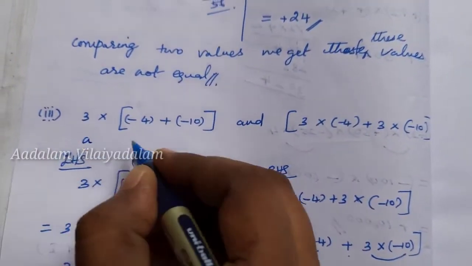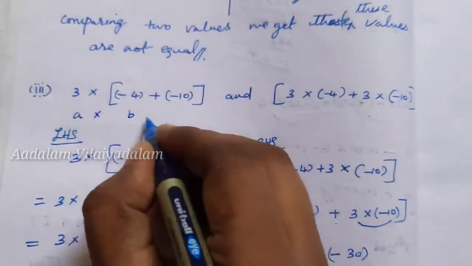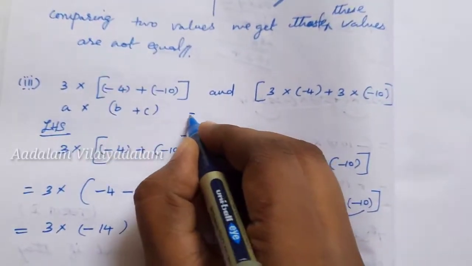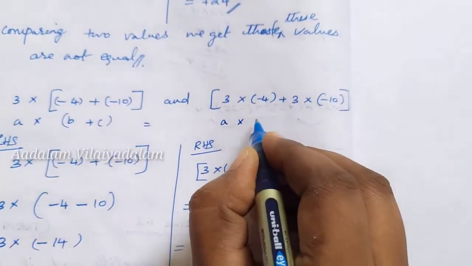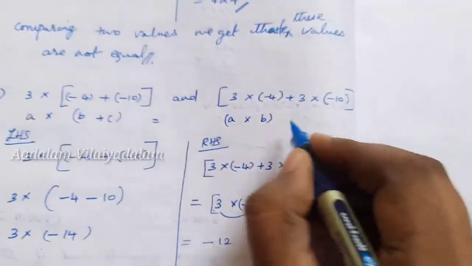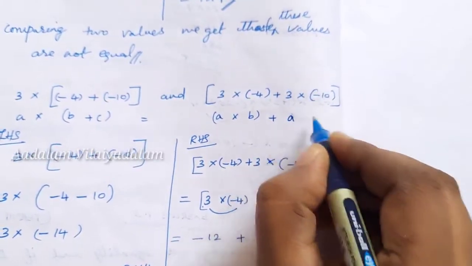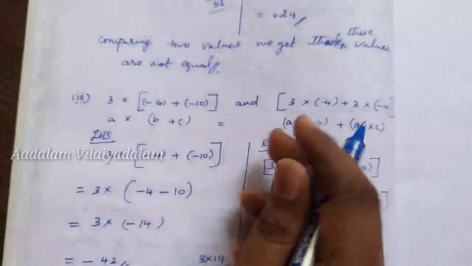Then you can apply that here. If you choose A into, then you can write B plus C. Then how can we write this? Now you can write this A into B plus A into C. Here you see, are you getting the property?